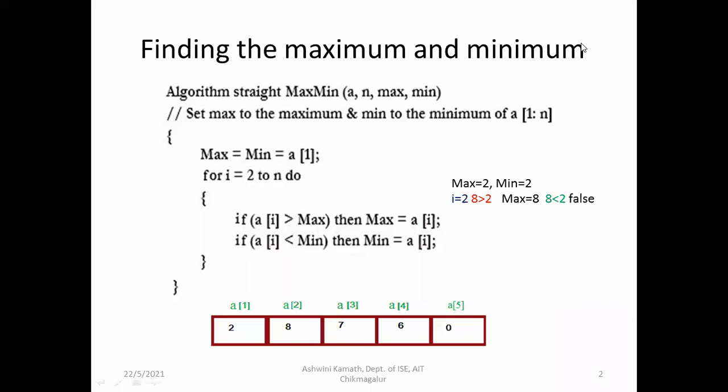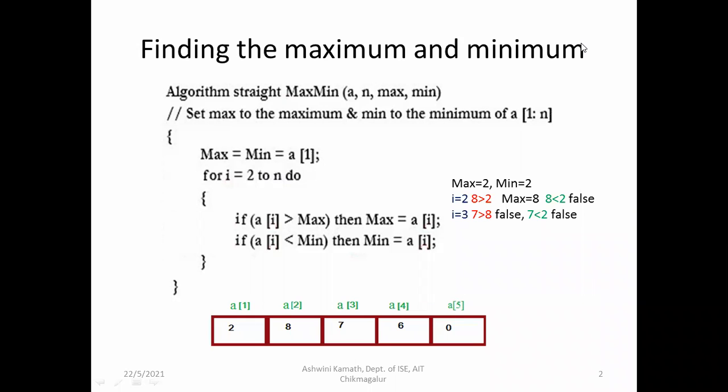It will check the other condition also, whether 8 is less than 2. What is this 2? 2 is the minimum value which you have assigned to min. 8 less than 2 is false. The first condition is true, so you change the value of max and it becomes 8. The second condition is false.